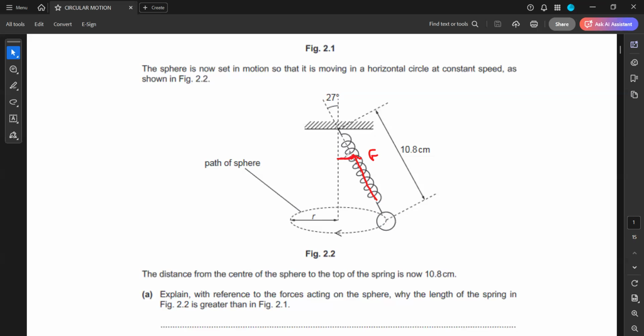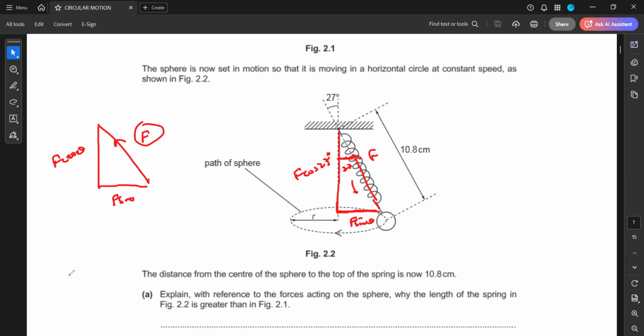This force of the spring will have two components. This angle is 27, so this is F cosine 27, and the component opposite to the angle is F sine 27. So the force F has two components, F cosine 27 and F sine 27, which combined together give F.